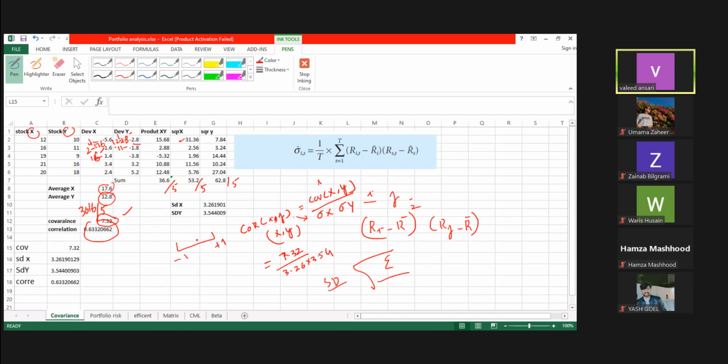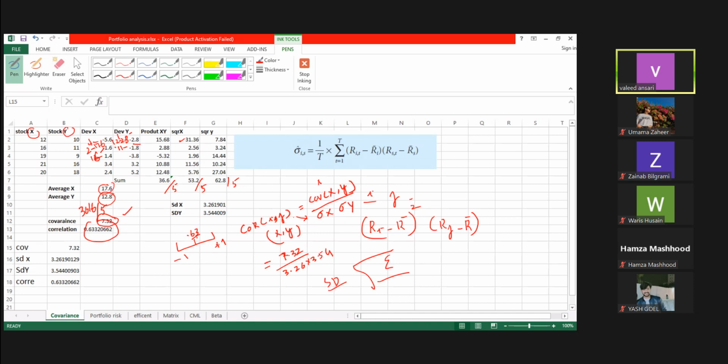So it is somewhere around 0.63. It is not perfect, but 63% there is a positive co-movement between the securities. If it was +1, then it was moving 100% in tandem.